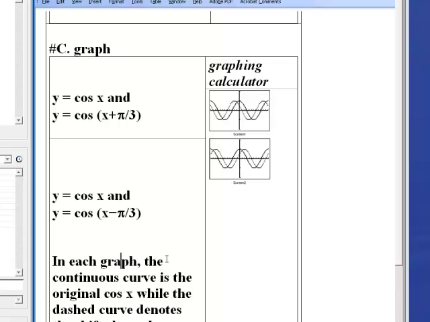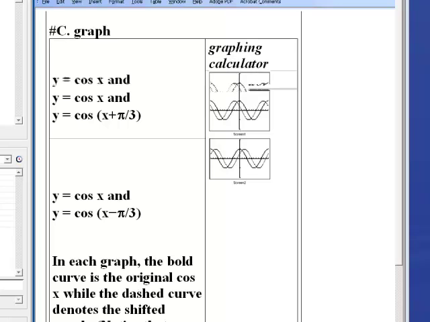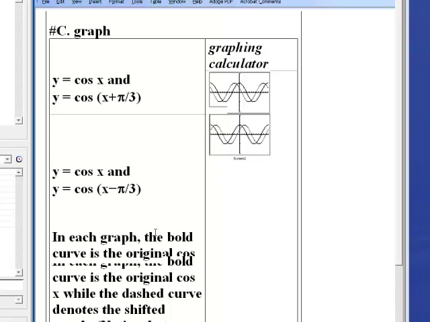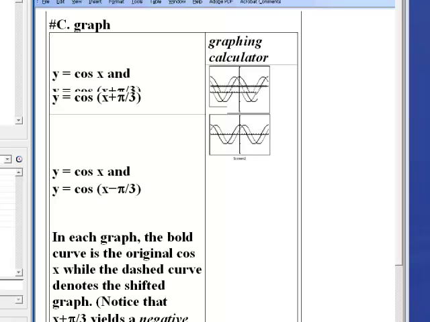Okay, so that's what we saw here. The continuous curve, or the bold curve, I guess I should call it, is the original cosine x, while the dashed curve denotes the shifted graph. And then what I said about the phase shift, that the coefficient c equals positive pi over 3 will yield a negative phase shift to the left, and minus pi over 3 will yield a positive phase shift to the right.